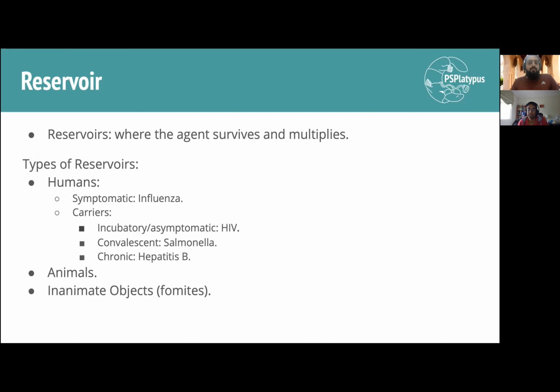For example, asymptomatic HIV in early stages. Then we have convalescent, for example, salmonella, and then we have chronic infections or chronic diseases like hepatitis B.